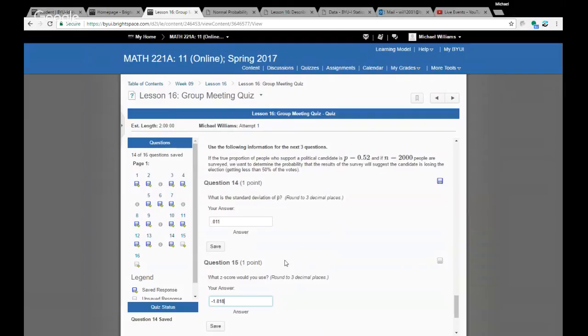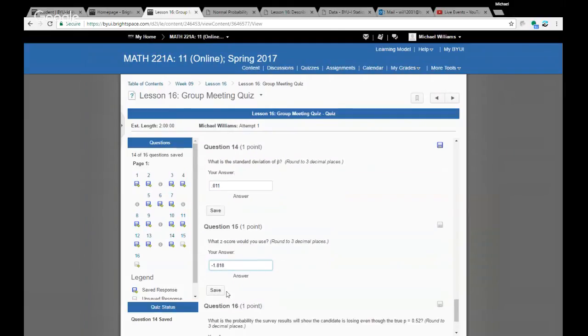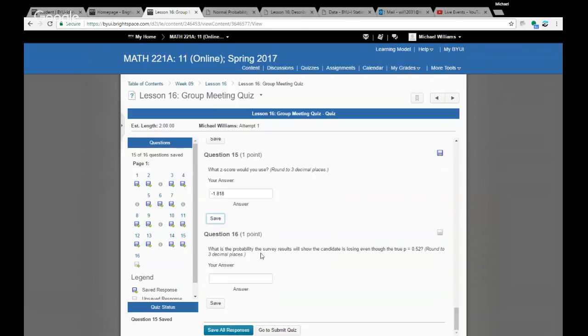So I take 0.5 minus 0.52, then divide that number by the standard deviation, 0.011. Is it negative 1.818? Yes. Okay, thank you. It was the calculator's order of operations. So negative 1.8. Yes, that's what we have.